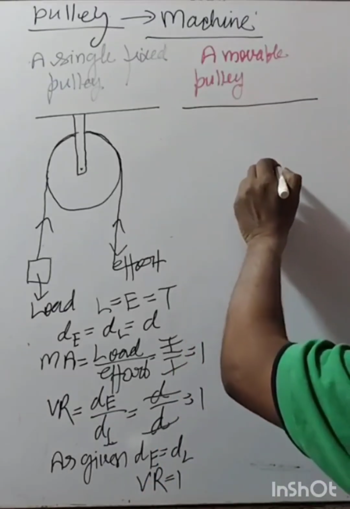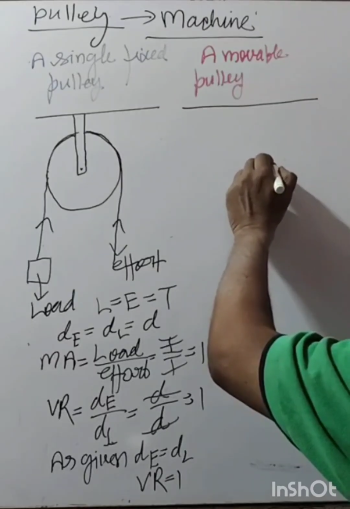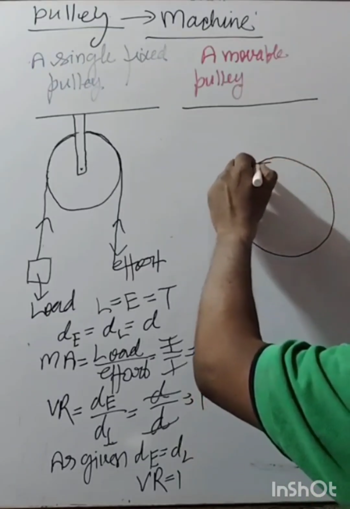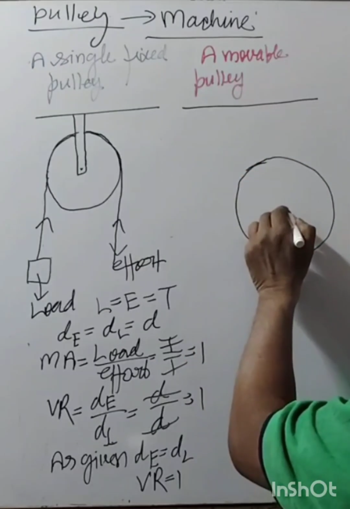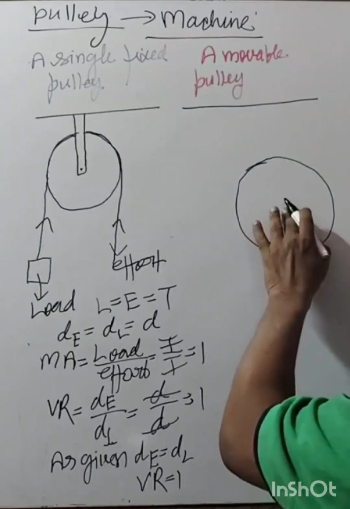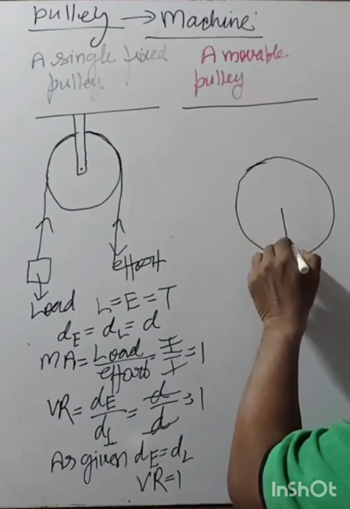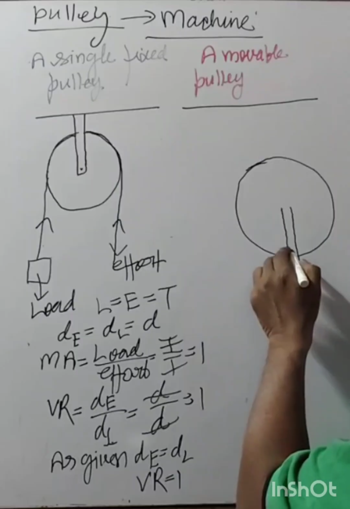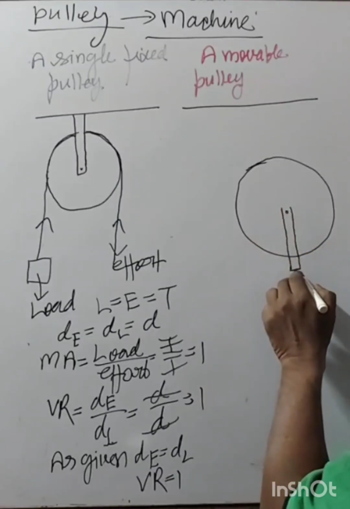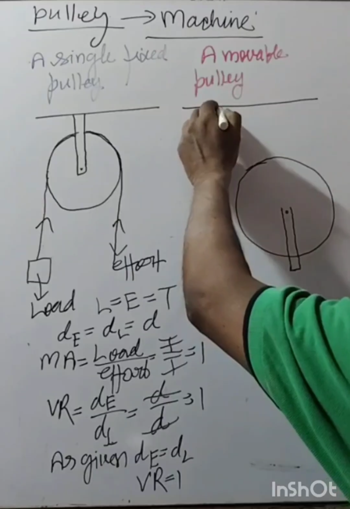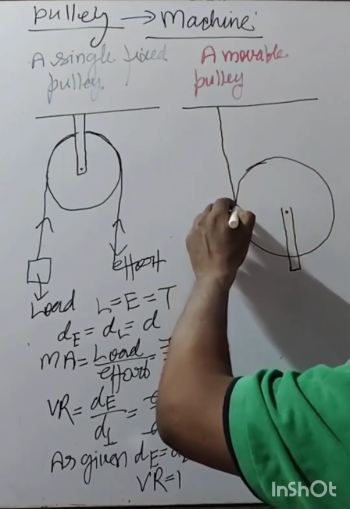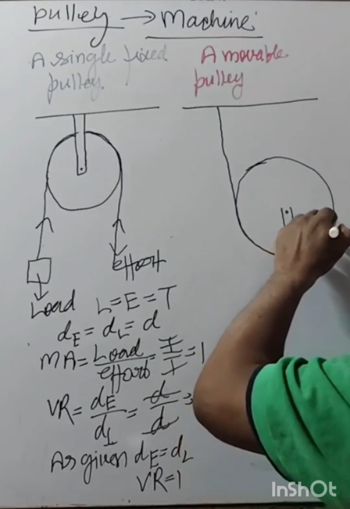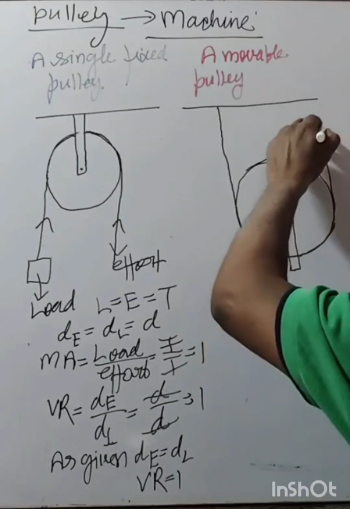And here also there is a movable pulley. This is a single movable pulley. There is a string, and here is effort.